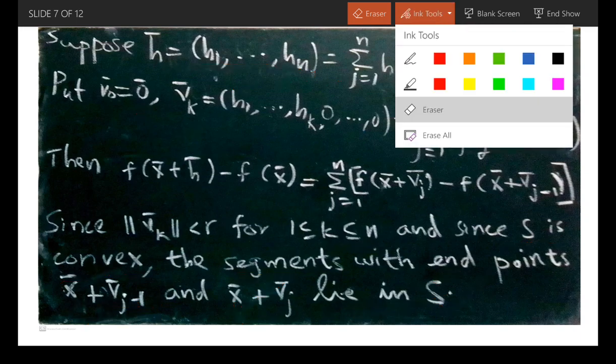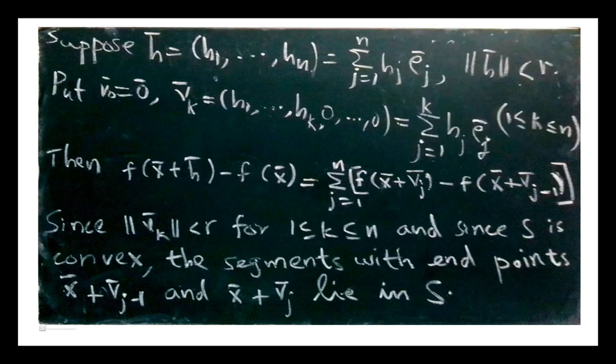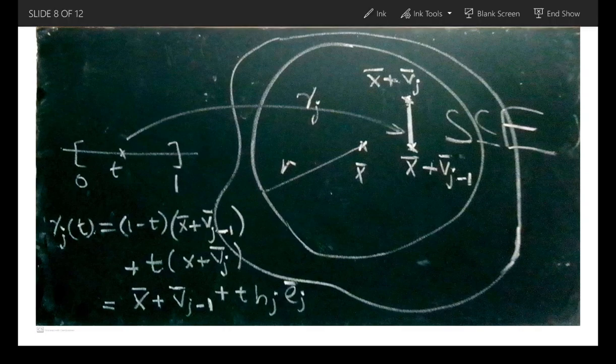Let us move to the next slide. This is a picturization or visualization of what is happening. So this is the ball S sitting inside E of radius r, centered at x. This is the center.